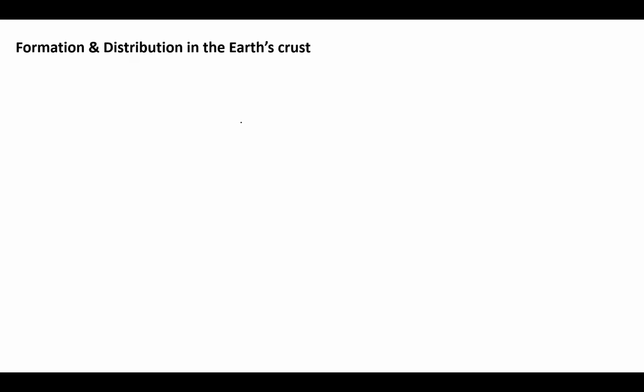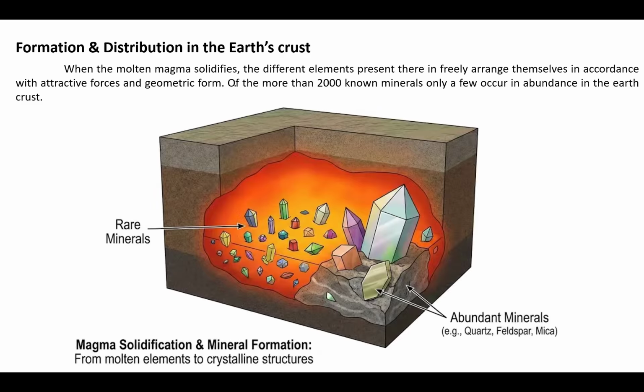Okay, coming to the next, how these are distributed. In the Earth crust, as we have earlier discussed about rocks and minerals, please go through it. In the Earth crust, how far minerals are distributed and in what form. When molten magma solidifies, the different elements freely arrange themselves according to attractive force and geometric form. More than 2,000 minerals are known, but only a few occur in abundance in the Earth crust.